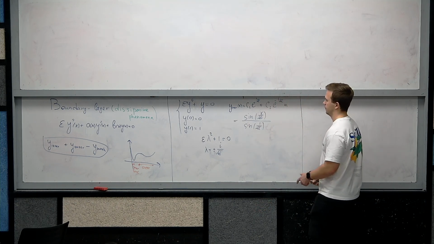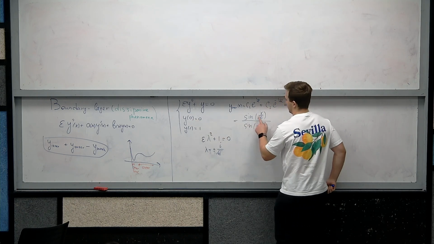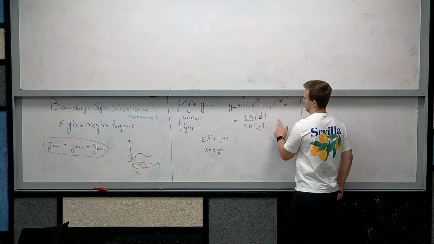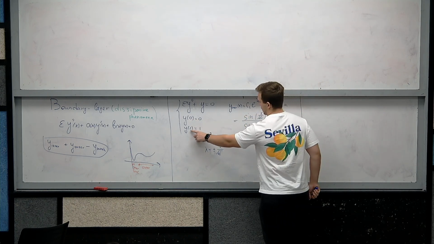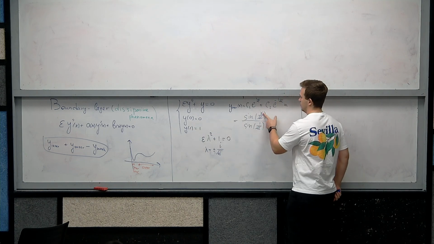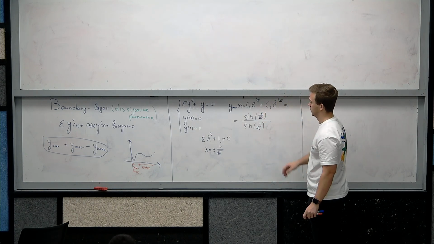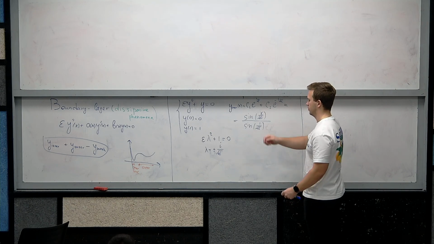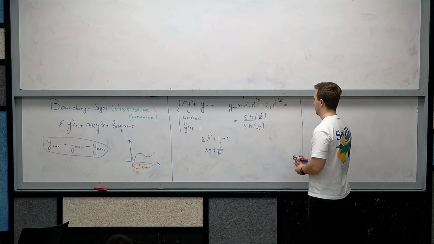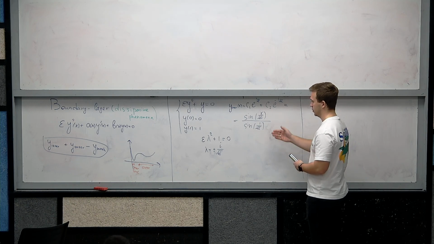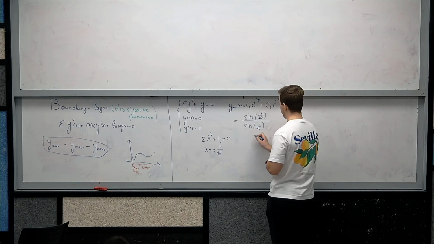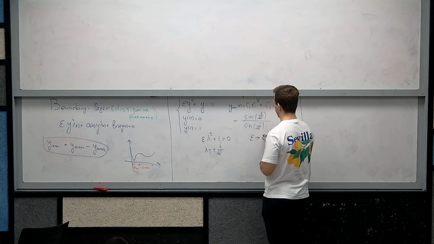If x is 0, you can see that our solution is 0. If x is 1, you see that our solution is 1. So this perfectly matches the boundary conditions. Now let's have a look at what happens with this solution when epsilon goes to 0.